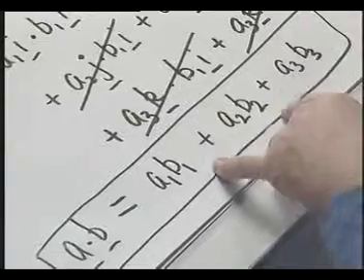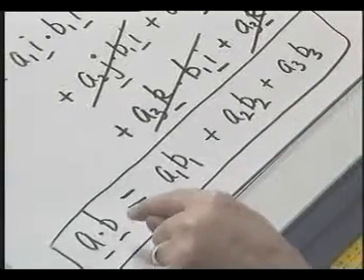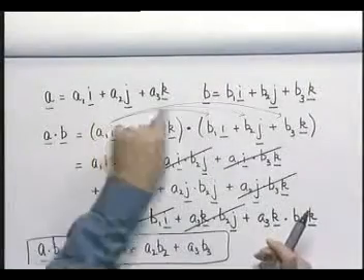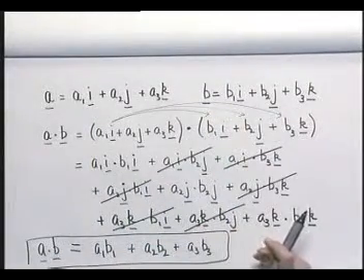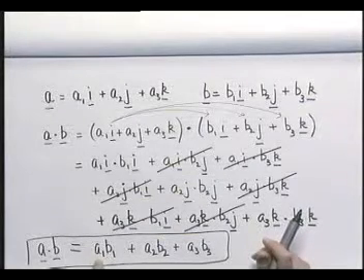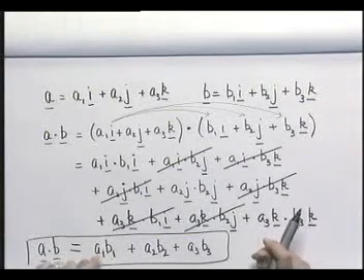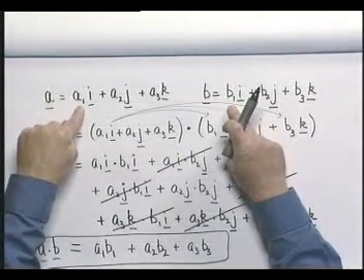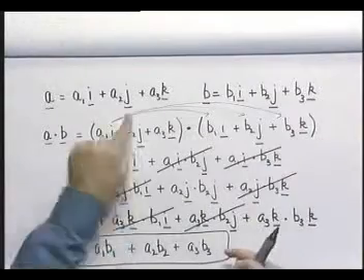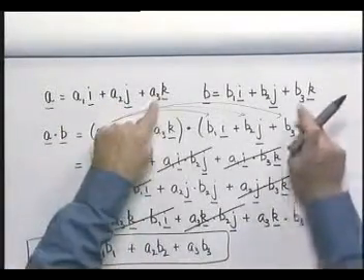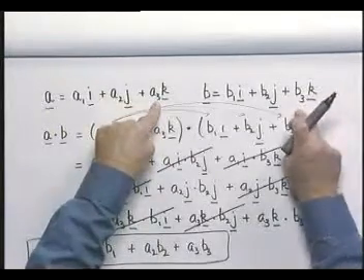And what this result says is if you want to find the scalar product of two vectors, A and B, which are given in this Cartesian form like that, all we need to do is multiply the i components together. You see the A1 B1 is the i components multiplied together. Multiply the j components together, A2 B2. Multiply the k components together, A3 B3.